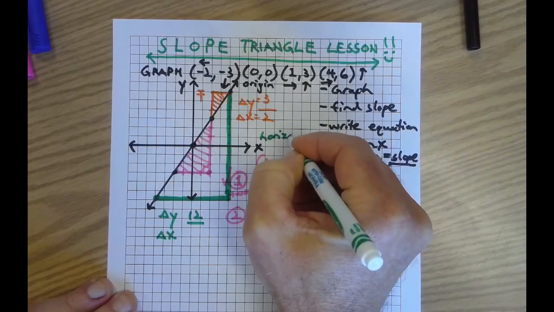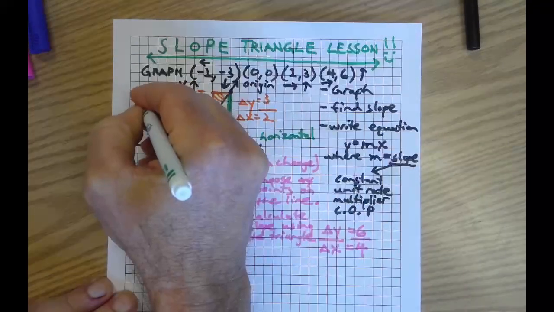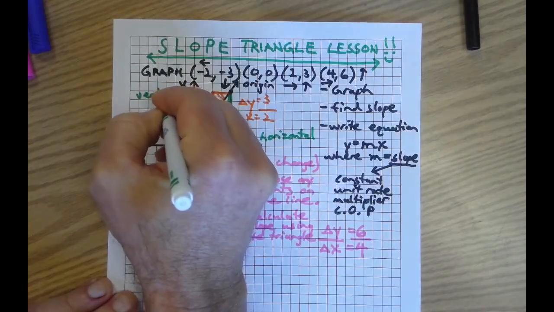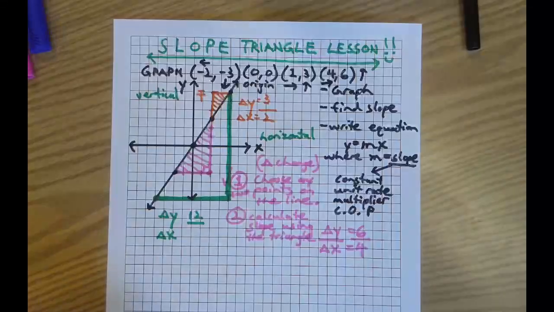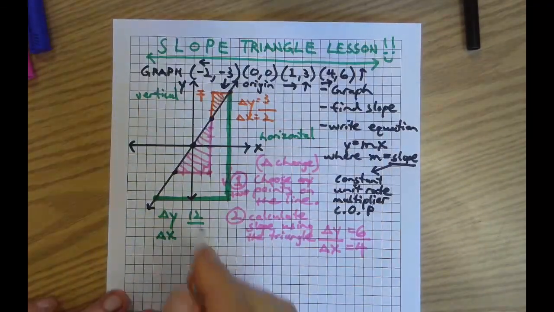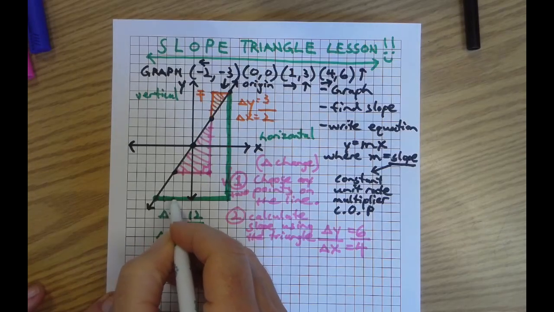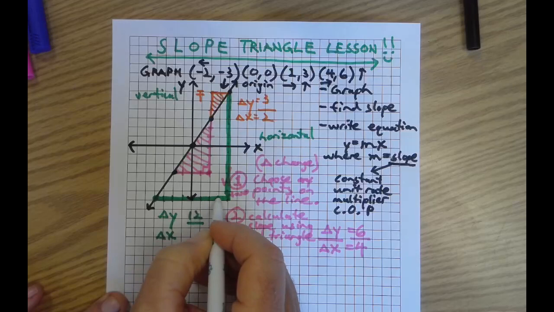Keep using these words, and I hope you'll find the more you use them, the more it's just easy and we don't have to do flashcards. You use the vocab and then you know it. The horizontal change here, 1, 2, 3, 4, 5, 6, 7, 8.